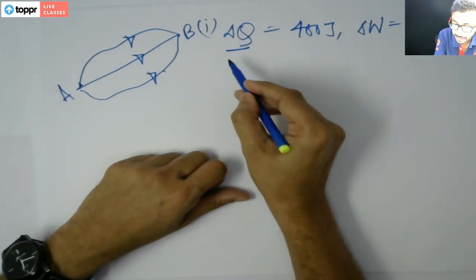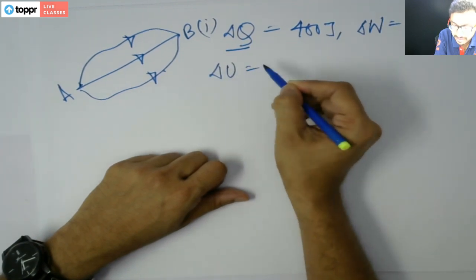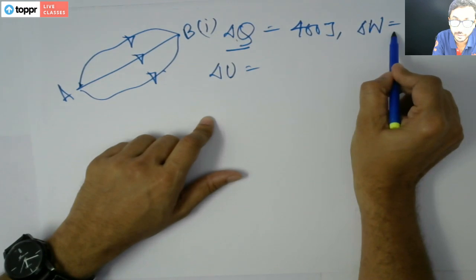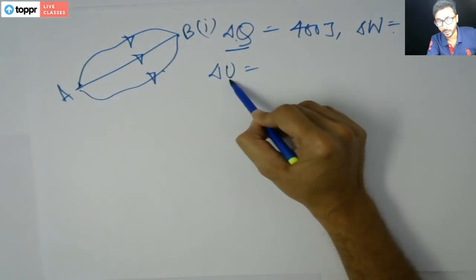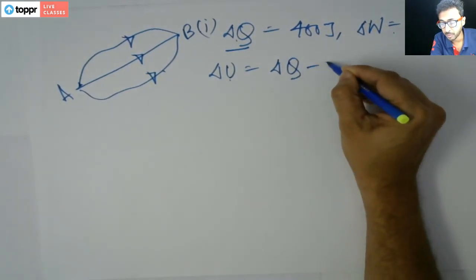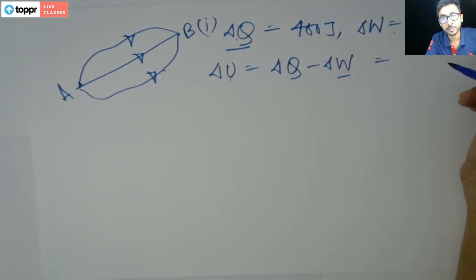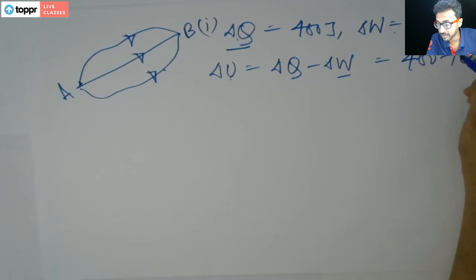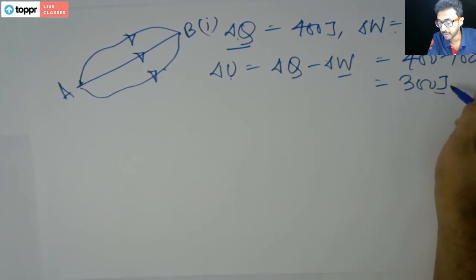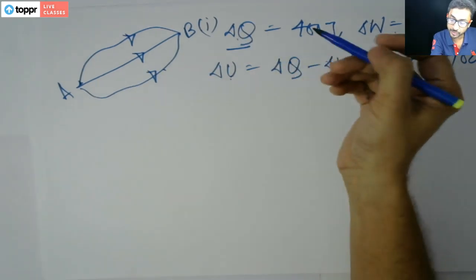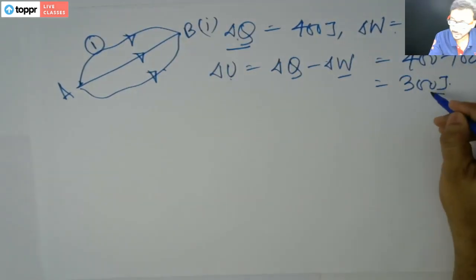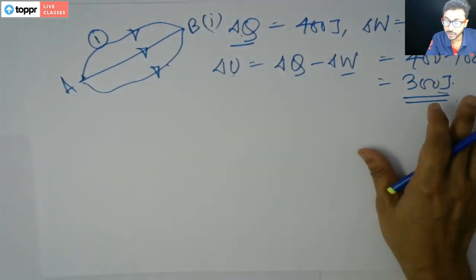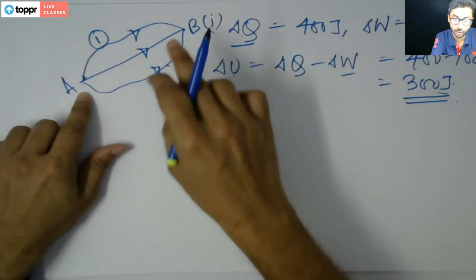We first have to calculate del U. Now you know del Q equals del U plus del W. Then definitely del U will be equal to del Q minus del W. It is nothing but 400 minus 100, that is 300 joules. So in this path, the internal energy change is 300 joules, and the internal energy change will remain the same from A to B.